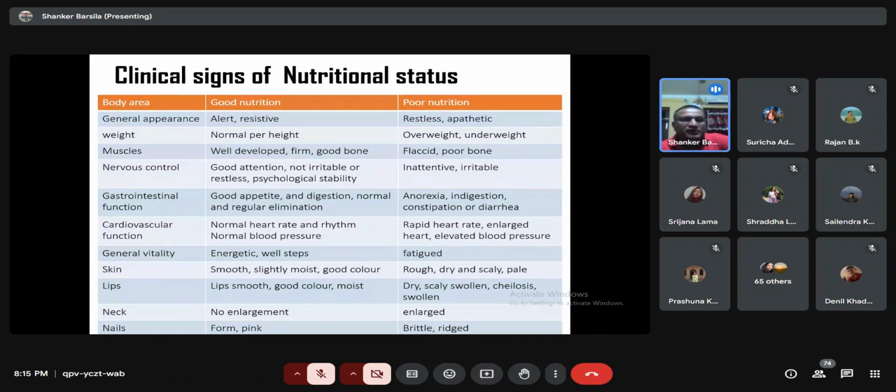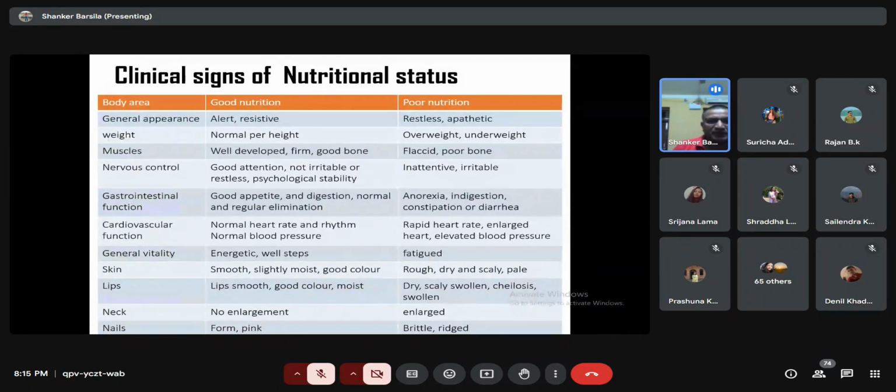And if you take the body muscles, the arm muscles, the back muscles, if they are well developed and firm with good bone, which you can visually identify, then it would be a good nutritional sign. When the muscle is flaccid and too bony, then it is a symbol of poor nutrition. Then there are many others.